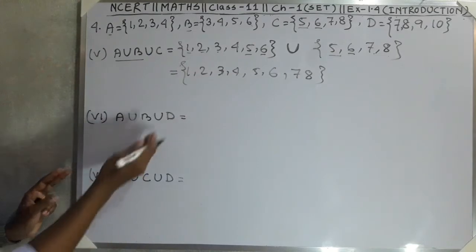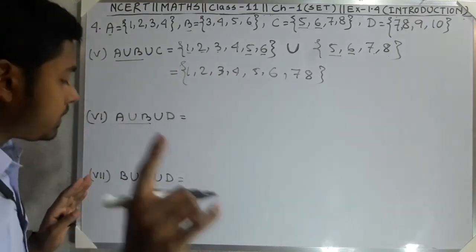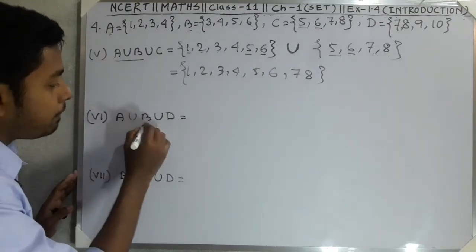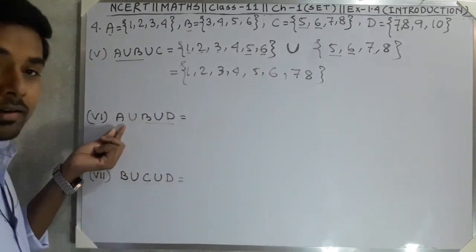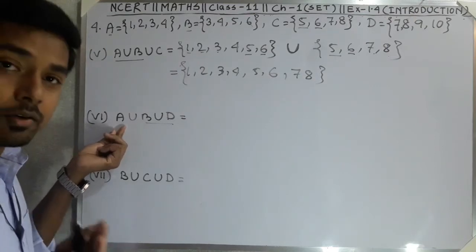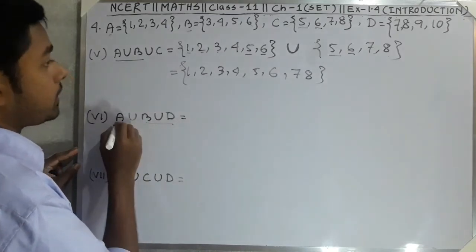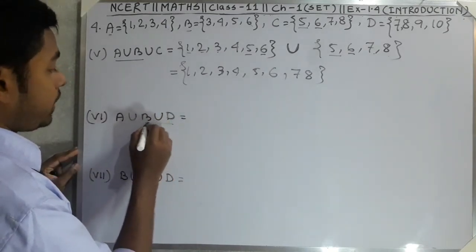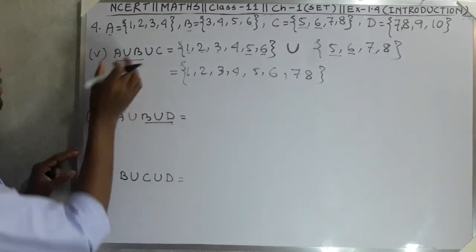Okay, same to same for this one also. First of all, find out A union B. Now listen, if you find out B union D first, then union with A, it's also correct. Okay, in this question I am doing it like this. We are doing these two first.